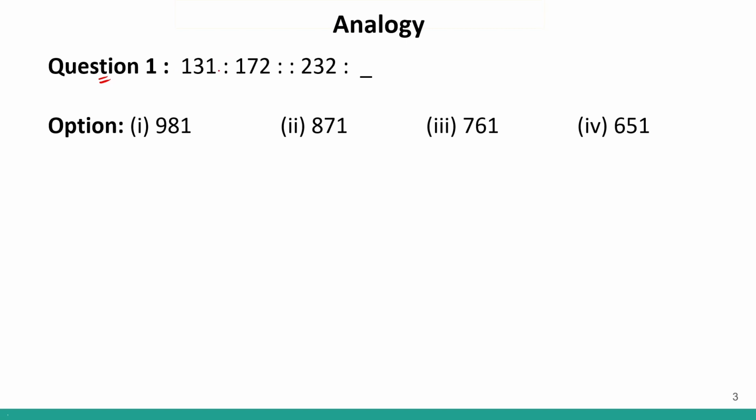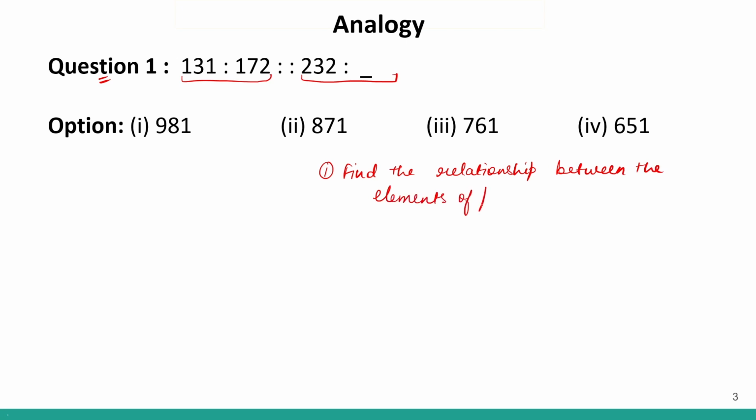Question number 1. There is a relationship in the first pair and we have to find the missing element in the second pair. So how do we solve analogy? First step is to find the relationship between the elements of pair 1. So basically this is our pair 1. We have to first find the relationship between these two.